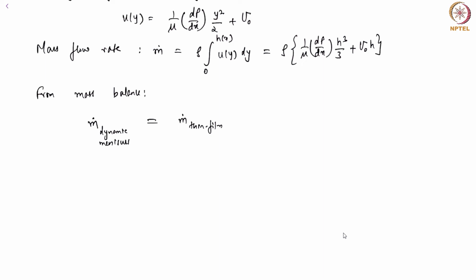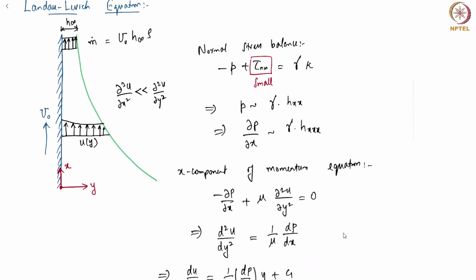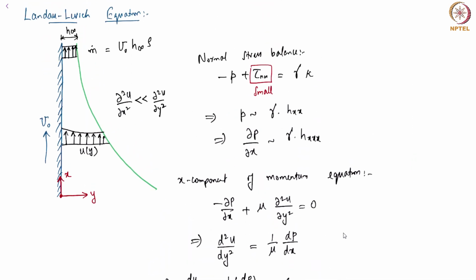Okay, and this therefore gives me density times 1 by mu, and the mass flow rate going through the coating we've already written down as u naught into h infinity times h, that's written here.